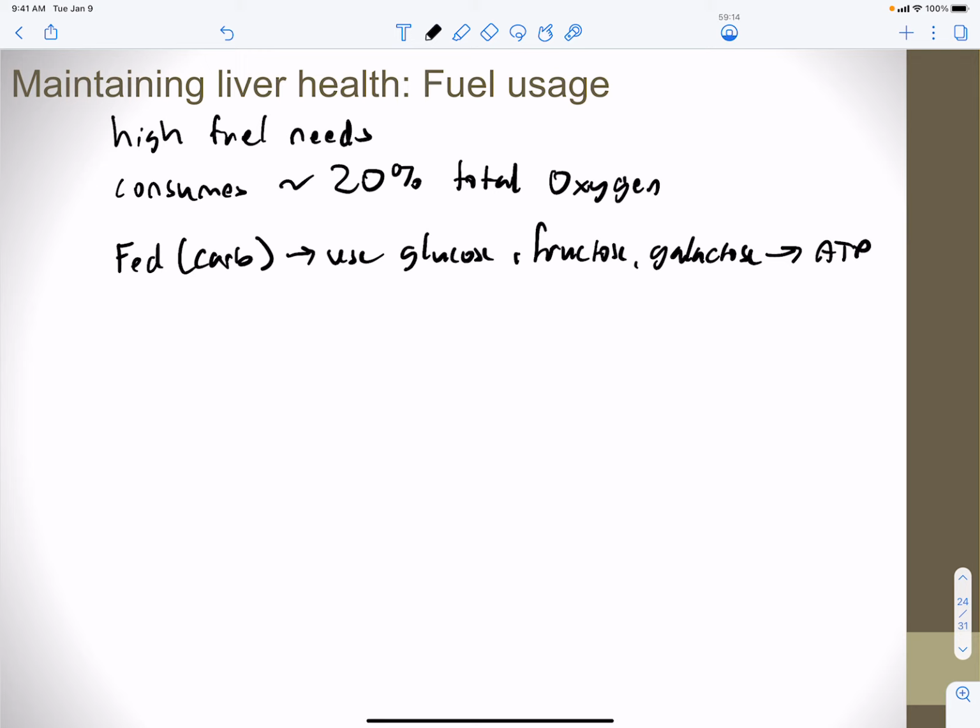And then the liver also is going to be the major site of ethanol oxidation, and this is going to make acetate, which can then, of course, become acetyl-CoA. And then after an overnight fast, your liver is going to primarily or only use fatty acids.